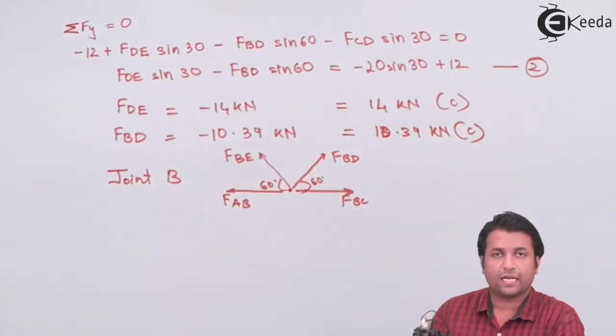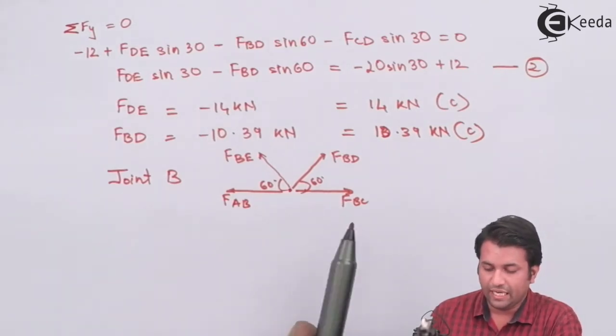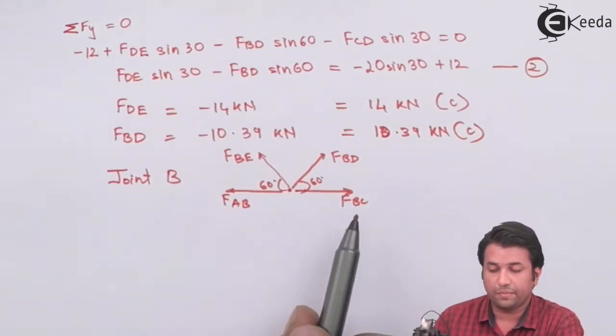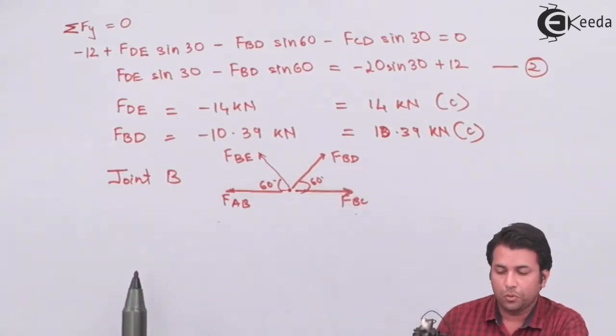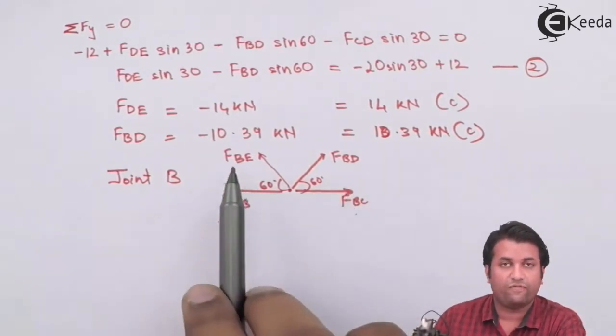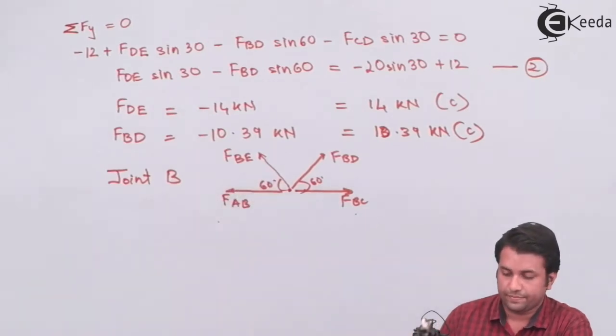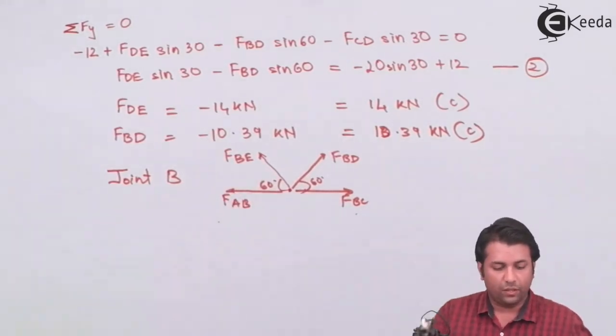So I can apply the condition of equilibrium. Now you can see that I have already calculated the forces in the members BC, AB and BD. All I need to do is put in the values and find out the force in the member BE. I'll just substitute the values that I have already got.